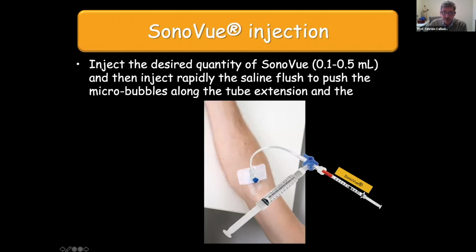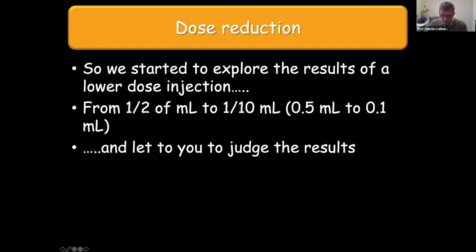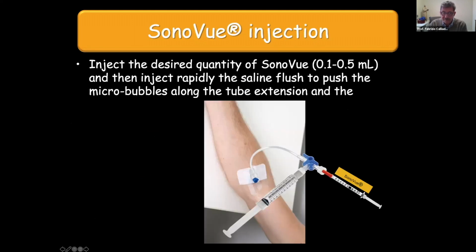Of course, we cannot use a normal syringe of Sonoview. We substitute the syringe with an insulin injection, and we push the small amount of contrast inside the tube to the needle and the vein.